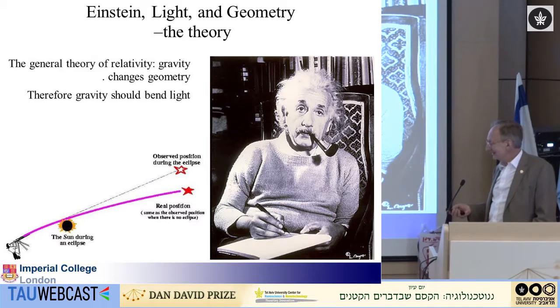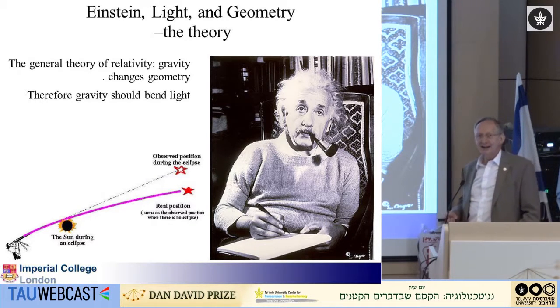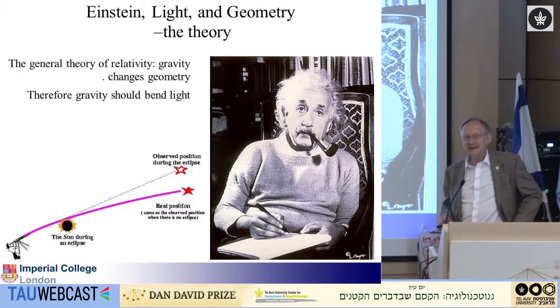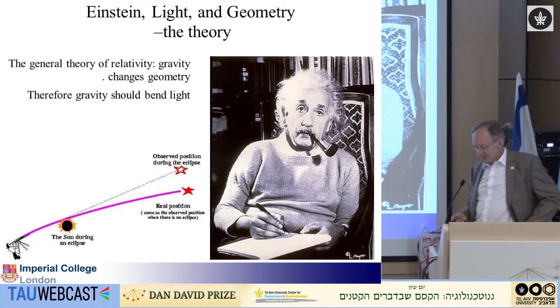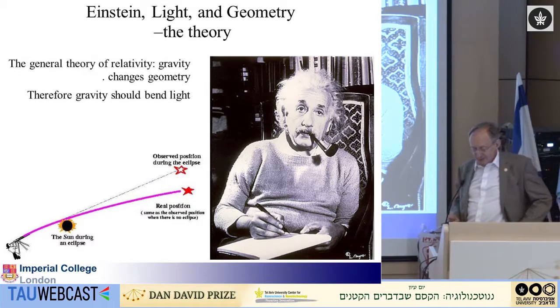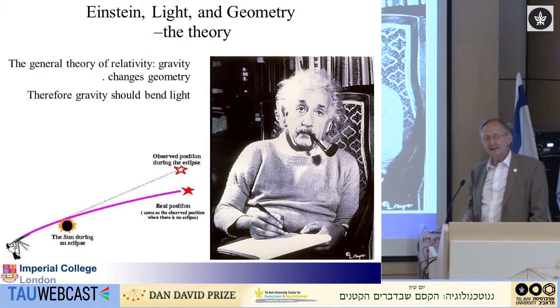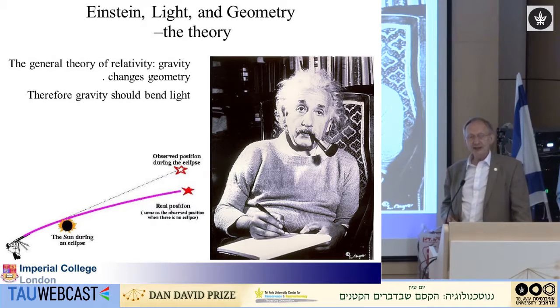And that was very, very controversial and denied by many people, but was confirmed in a famous experiment in 1919, which was a sort of reconciliation designed as such between the two nations after the war, because Einstein was a pacifist, and also Arthur Stanley Eddington was a pacifist.